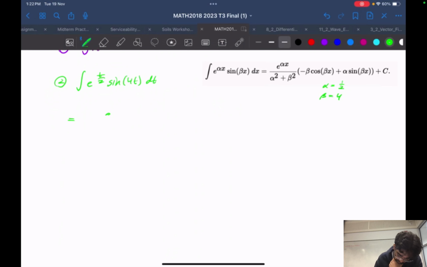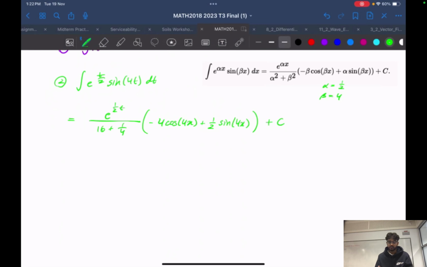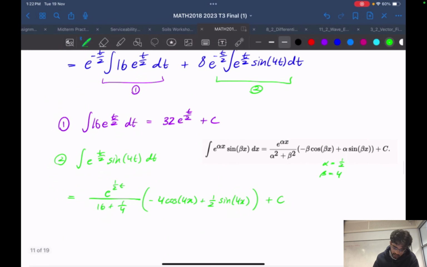So we get e to the power of 1/2 t divided by 16 plus 1/4, times minus 4 cos of 4t plus 1/2 sine of 4t, plus c. That's it. But now to find c is a different story. I can get rid of the c over here. I'll treat it as one combined constant.